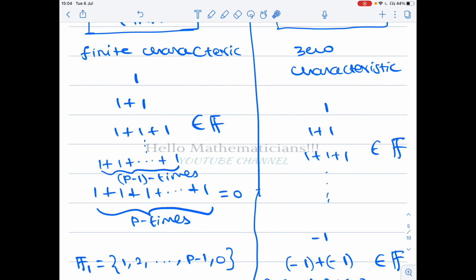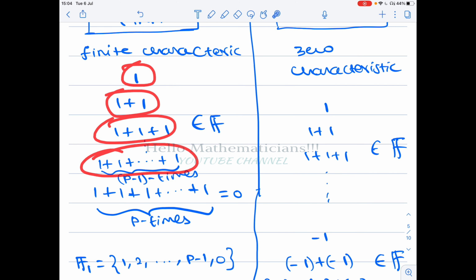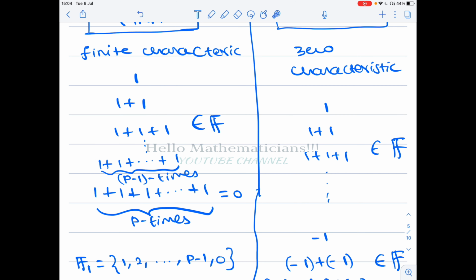So basically you have 1, 1 plus 1 is 2, you have 3, up to p minus 1, but when you add p times, you will get 0 if the characteristic is p. If the order of 1 is p, then before p you will not get 0 at all, by the definition of the order. When you add 1 with itself p times, you will get 0.